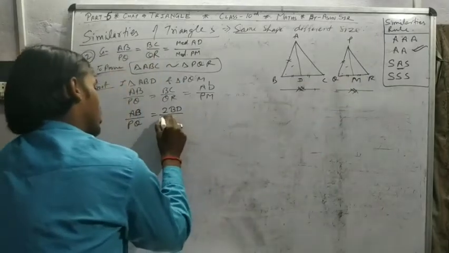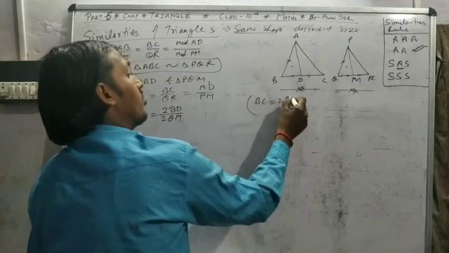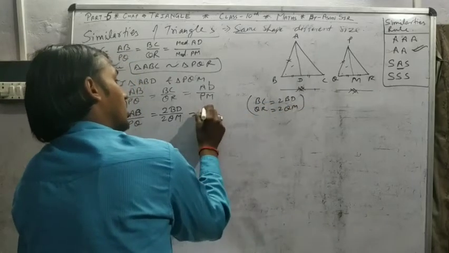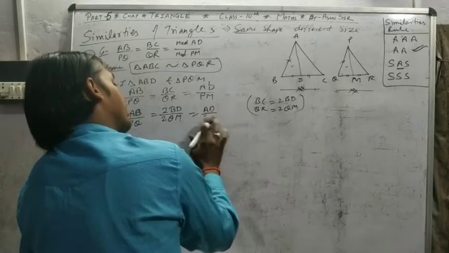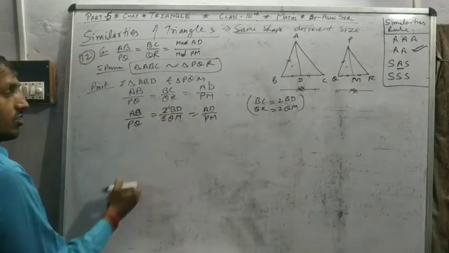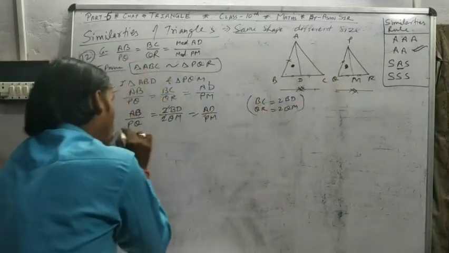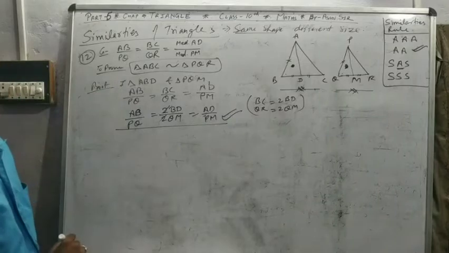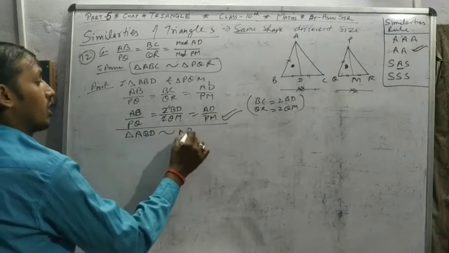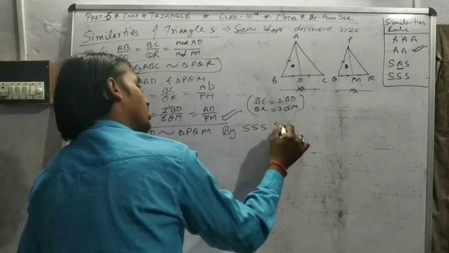Same for QR, 2QM. What is given is that BC is equal to twice BD and QR is equal to twice QM, and AD and PM are parts of these two triangles. 2 cancelled, means between these two triangles all corresponding side ratios are equal. So triangle ABD is similar to triangle PQM by SSS similarity.